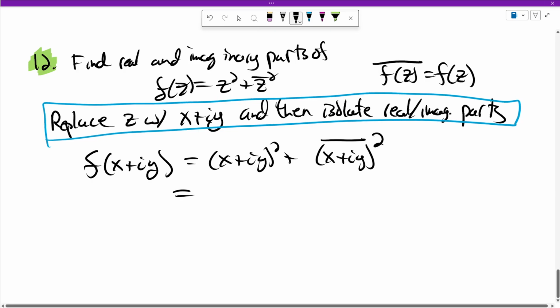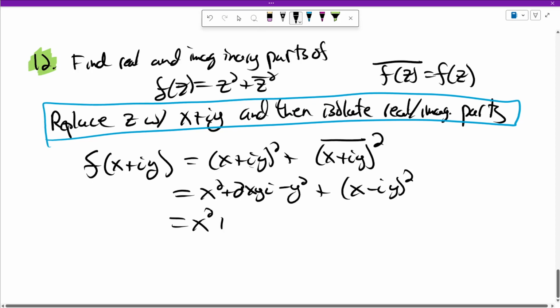So the formula for squaring is x squared plus 2xyi plus iy squared, but the i squared is going to be -1, so minus y squared. And then this term here, let's just do an intermediate step where we conjugate first.